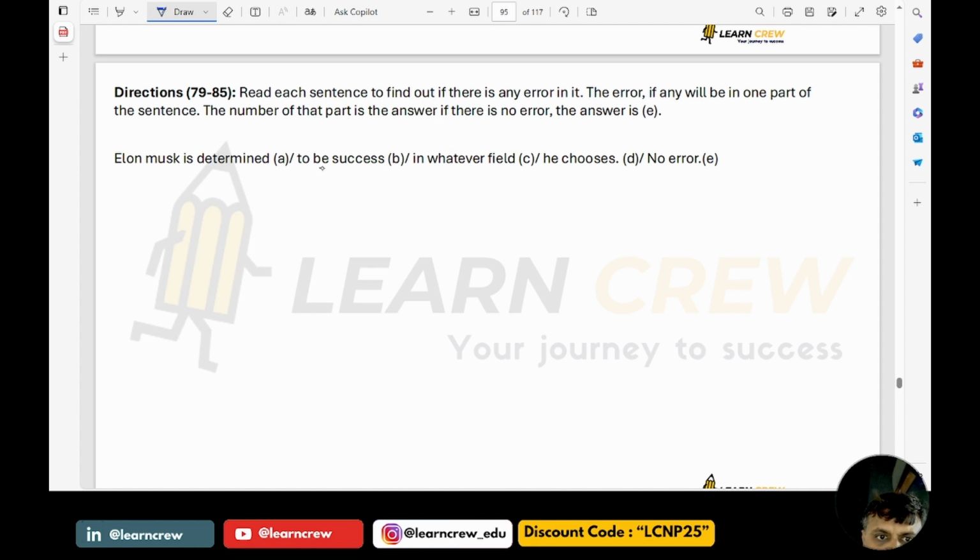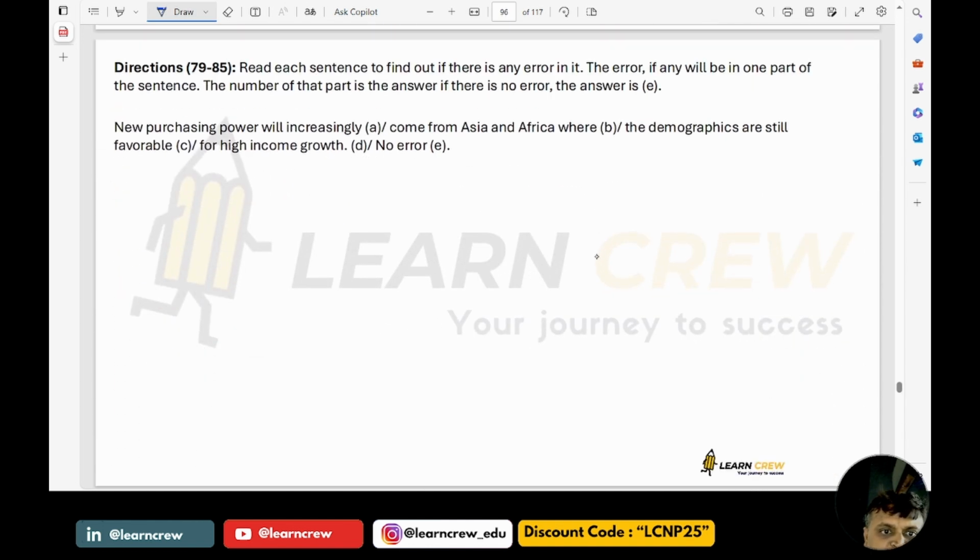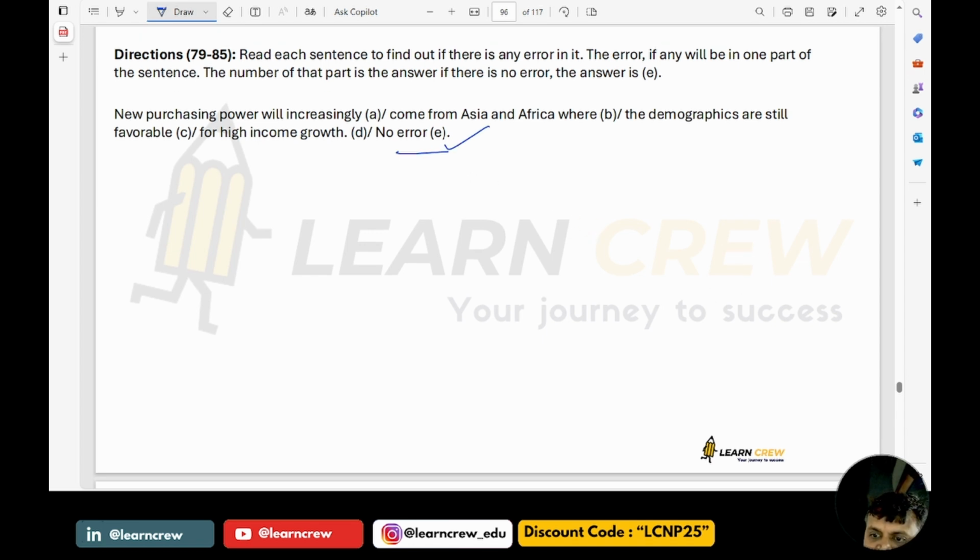We have to use to succeed. Elon Musk is determined to succeed in whatever field he chooses. So the error is in the second part, that is B. Next, new purchasing power will increasingly come from Asia and Africa, where the demographics are still favorable for high income growth. There is no error. It is a perfect sentence.